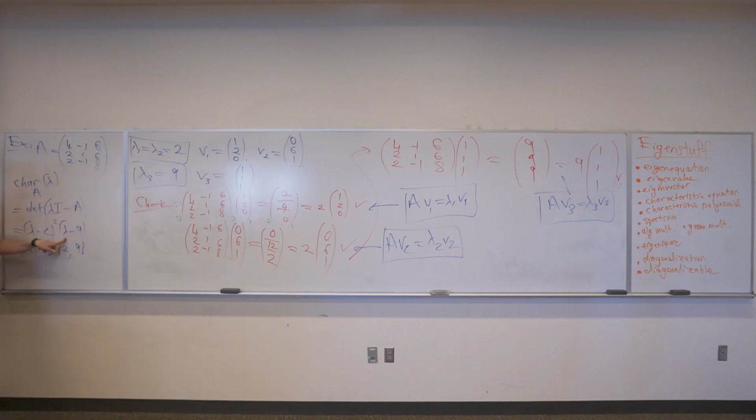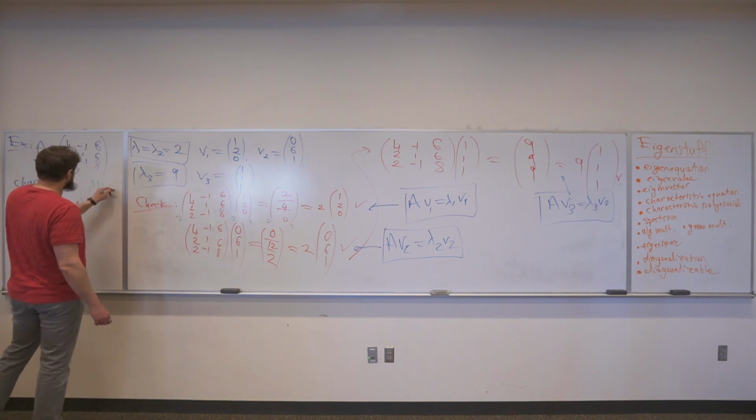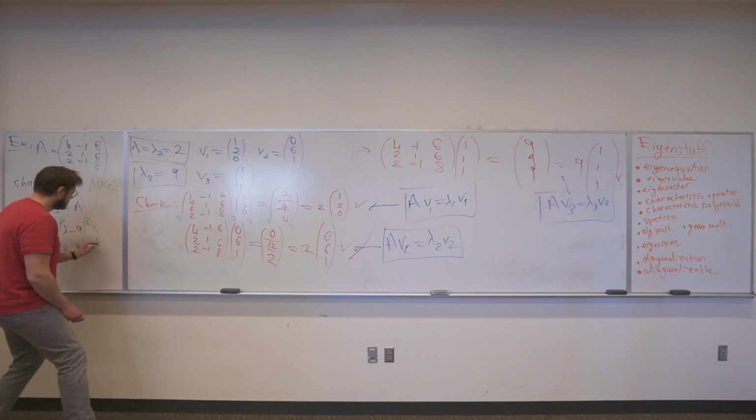On the other hand, the eigenvalue 9 has algebraic multiplicity 1. Maybe I should say lambda minus 9 raised to the power 1. Okay, this is the AM, algebraic multiplicity of 9.